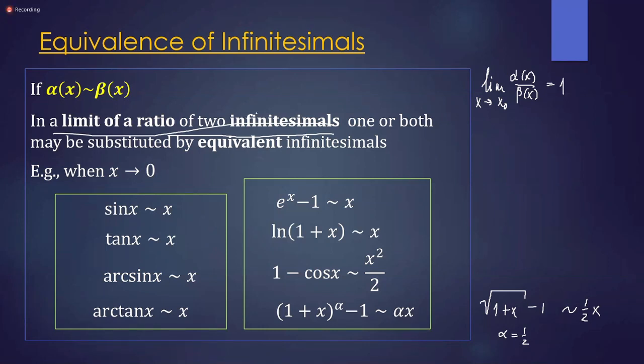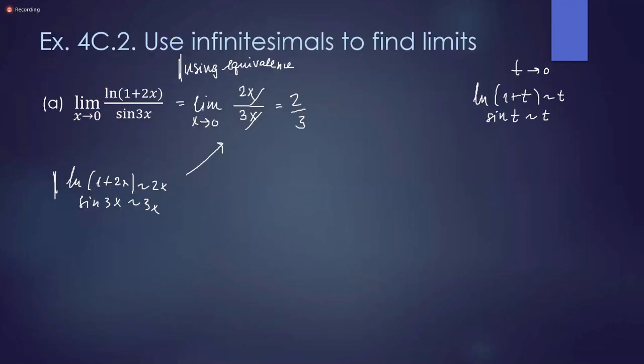Only then you can substitute one, or if you like both, by equivalent infinitesimals. So in this case, yes, we have a ratio, ln divided by sine, so it's a quotient. In this case, it's perfectly legitimate. We can do this.